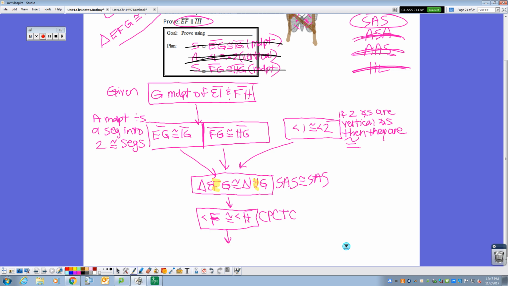Now the angles lead me to the parallel lines. EF must be parallel to IH.